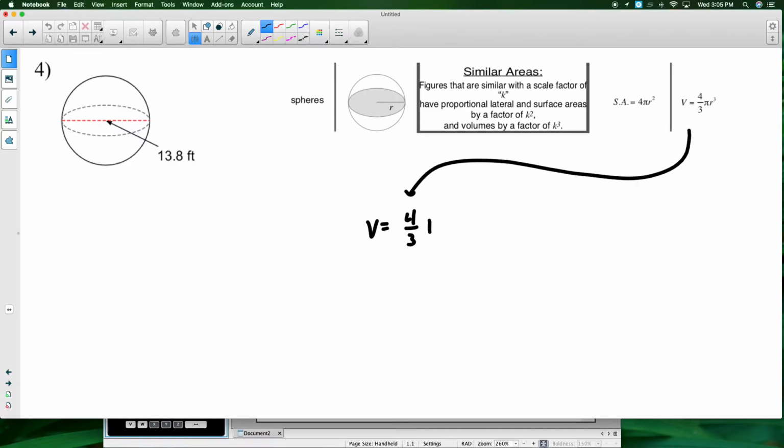4/3 pi r cubed. This is r. Actually, this is the diameter. So the r is half of that. On the calculator, you'll take your 13.8 divided by 2. So 6.9 is the radius.